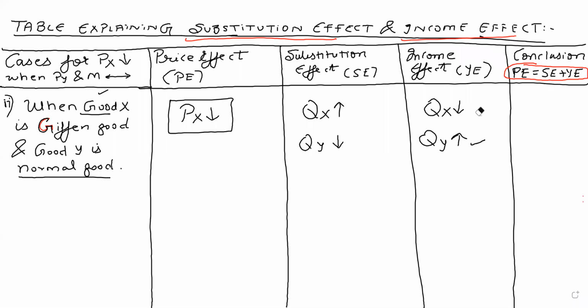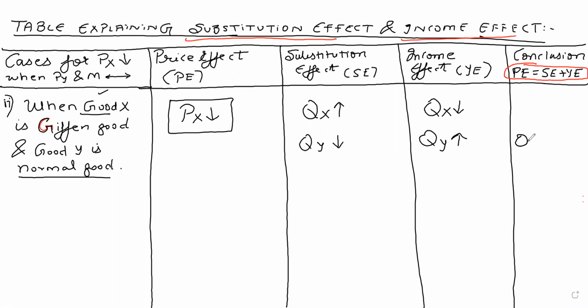Now, guys, let's look at the conclusion. Because the price effect is the sum of the substitution effect and the income effect, can you say anything about QY? No, because QY is falling according to the substitution effect and rising according to the income effect.